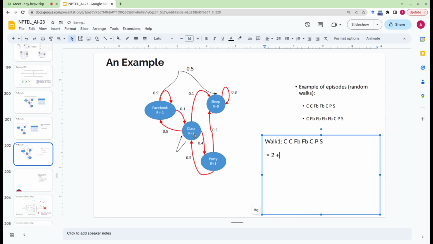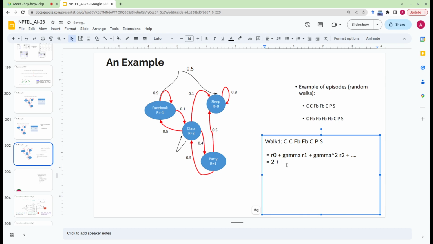The reward is something like R0 plus gamma into R1 plus gamma squared into R2 plus dot dot.